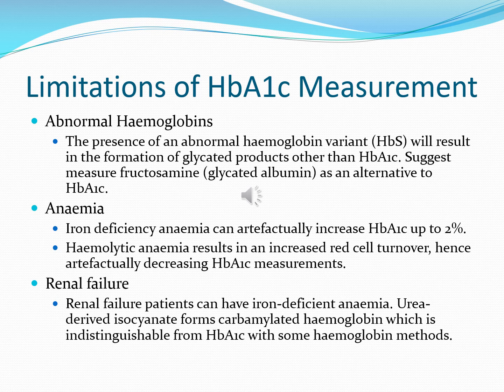A second one is that increased urea in renal failure can lead to hemoglobin variants which are indistinguishable from HbA1c with some of the hemoglobin methods. And you should probably go away and have a look at the different methods for measuring HbA1c, but briefly they can include HPLC or immunoassay.